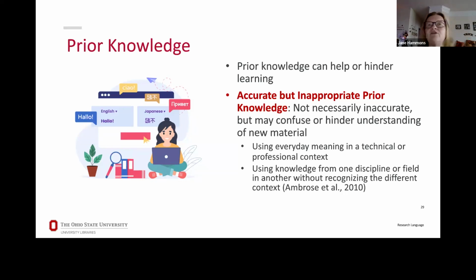So it's not necessarily that what the student knows about a term is wrong, but that original understanding they have is confusing or hindering their ability to understand it in the particular context. Two examples of this are terms that have an everyday meaning and then a more technical or professional meaning. The prior knowledge that students have about that everyday meaning could create difficulty with their understanding of the use of the term in the academic research context.